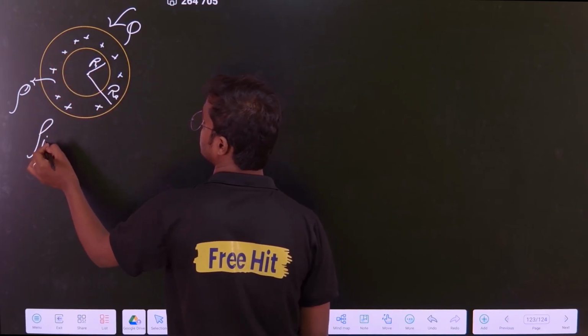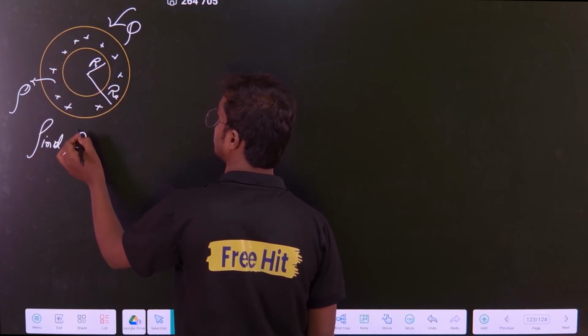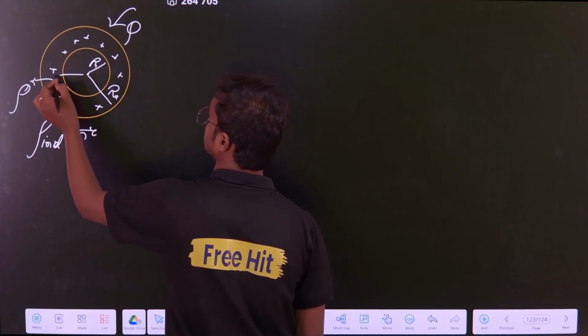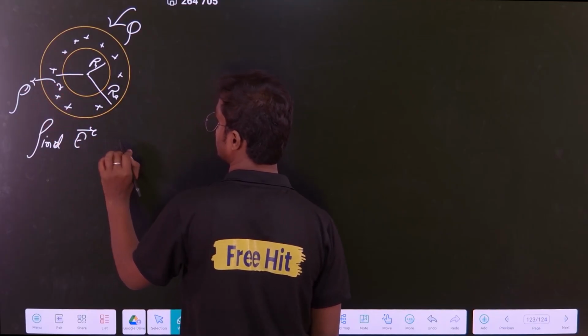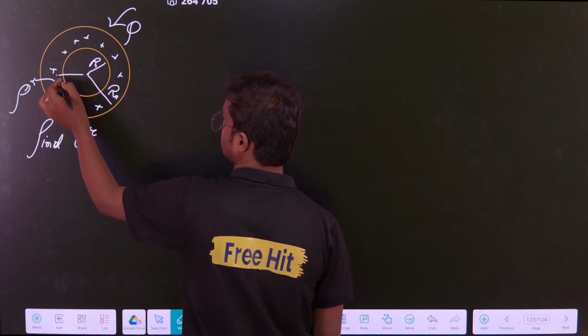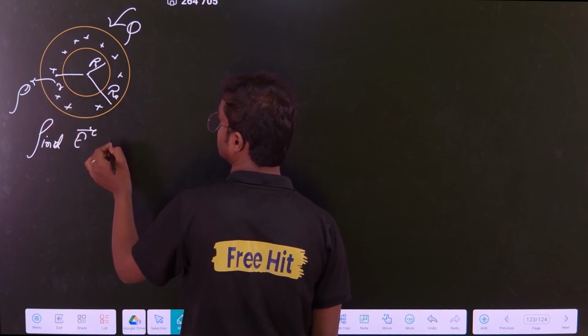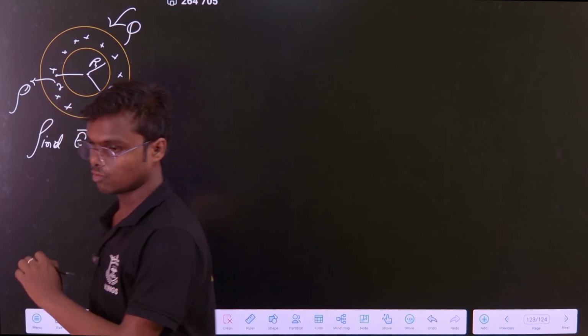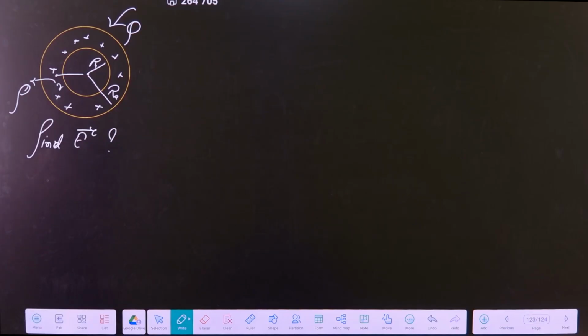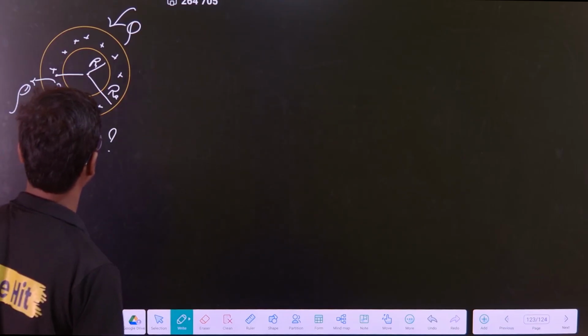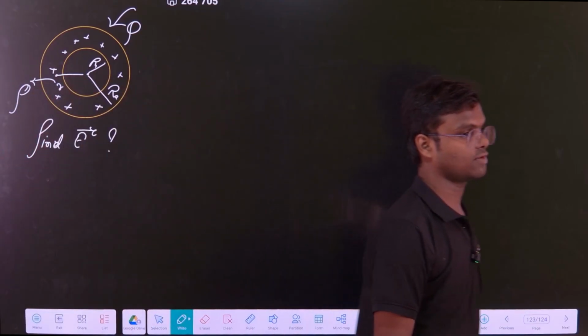You have to find the electric field at a distance r from the center. That is my question. At this point, what is the electric field? How will you solve? Calculate the electric field.